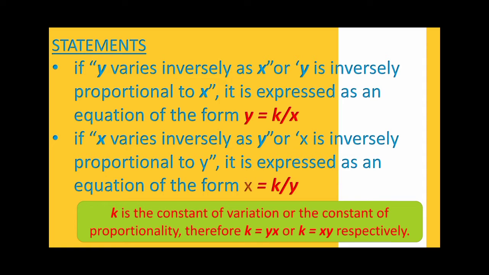And if x varies inversely as y, or x is inversely proportional to y, it is expressed as an equation of the form x is equal to k over y, where k is the constant of variation or the constant of proportionality. Therefore, k is equal to yx, or k is equal to xy respectively.